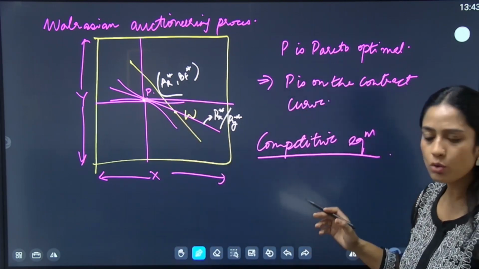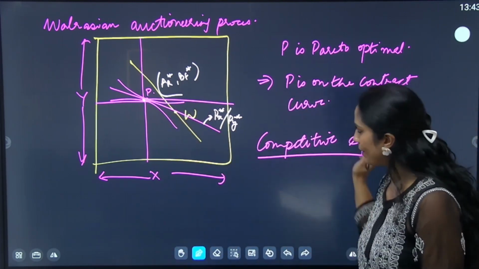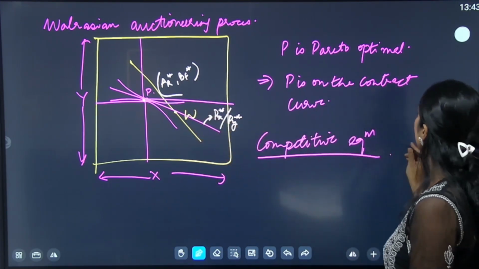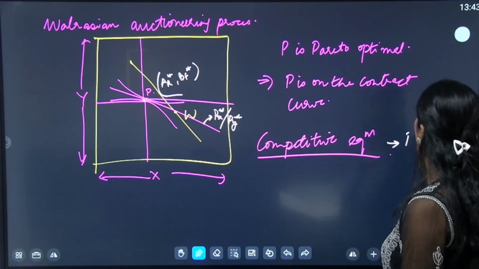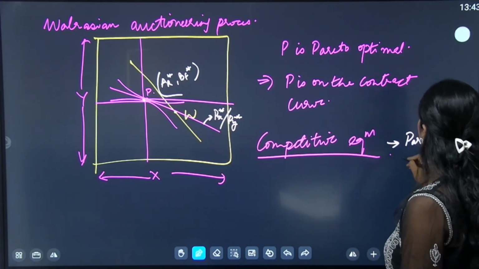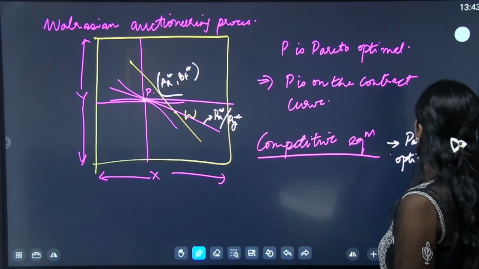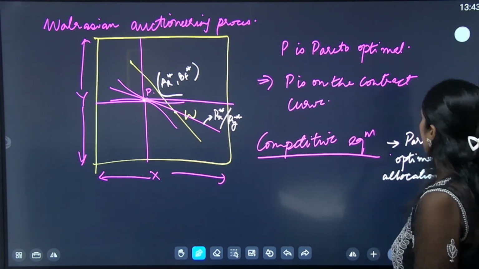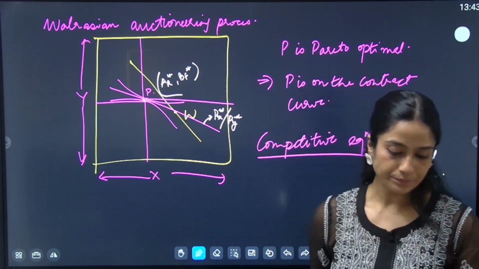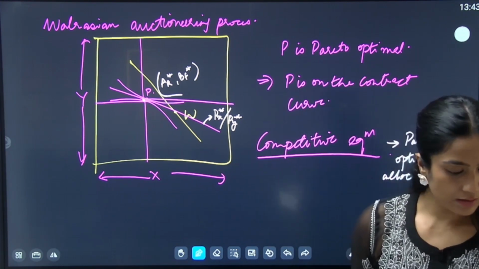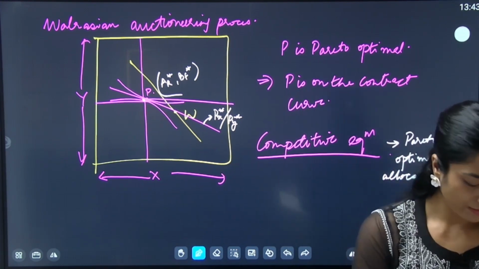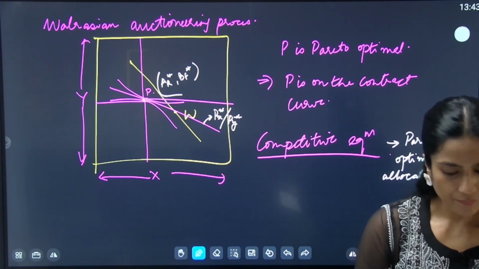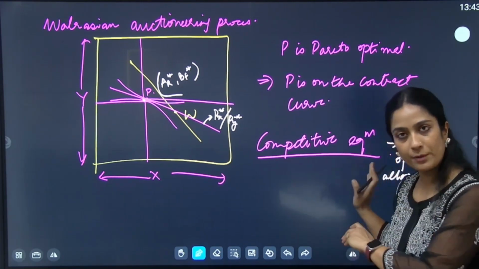Okay, so this competitive equilibrium from P, we can see that it is a Pareto optimal point. It is a Pareto optimal allocation.